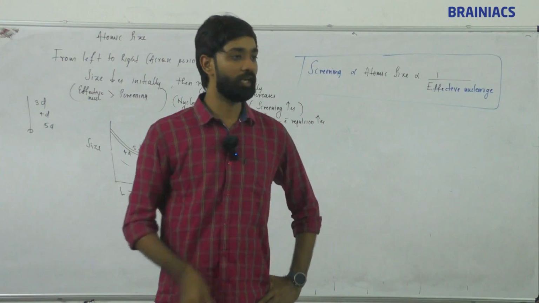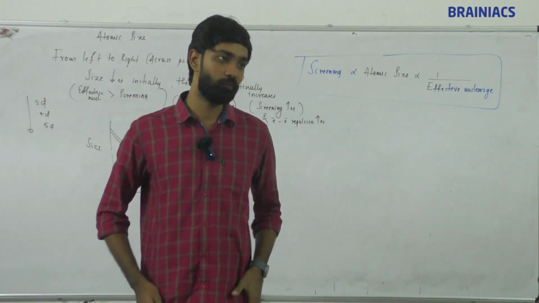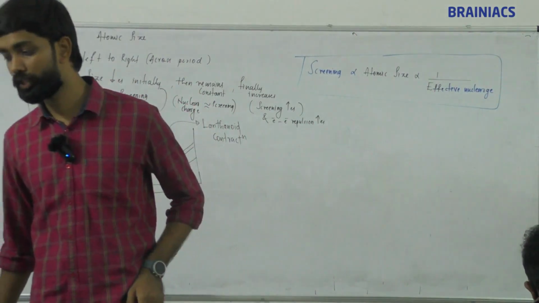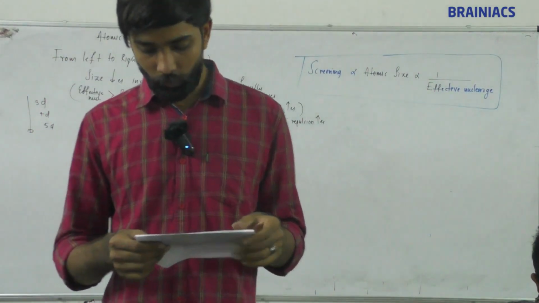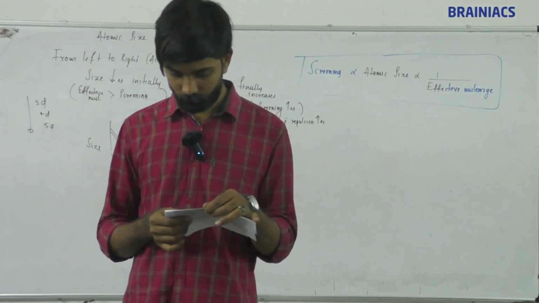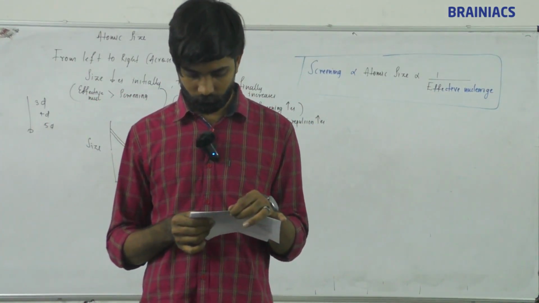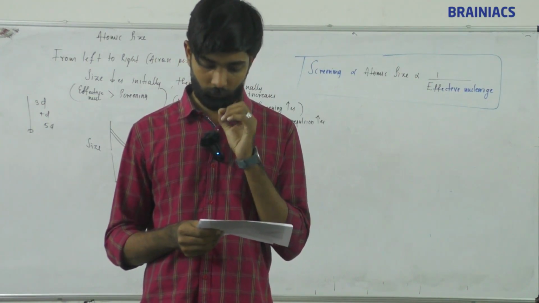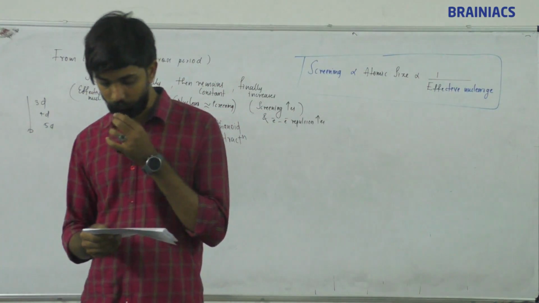Zinc has a 3d10 configuration, whereas manganese has 3d5. In the bracket: due to stable configuration.